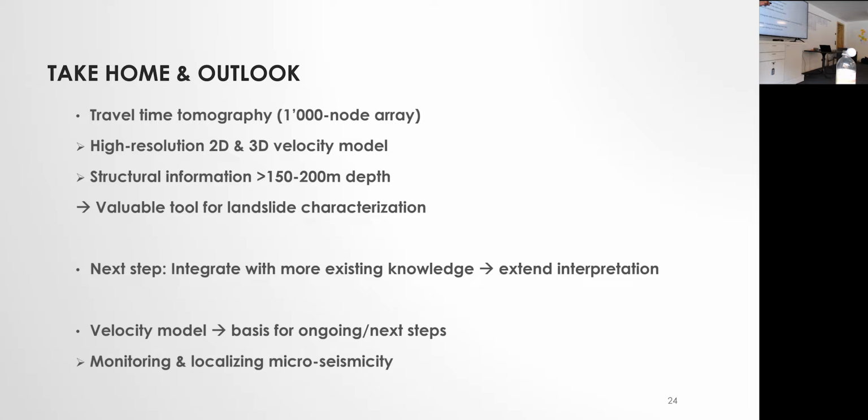For example, monitoring and localizing microseismicity, with which we already started during my secondment last year at ESR, using a match field processing approach and having promising first results. But we decided that for continuation and interpretation of the results, a velocity model could be of very high value, and therefore decided to first construct this velocity model. With this velocity model, we could definitely continue with this.